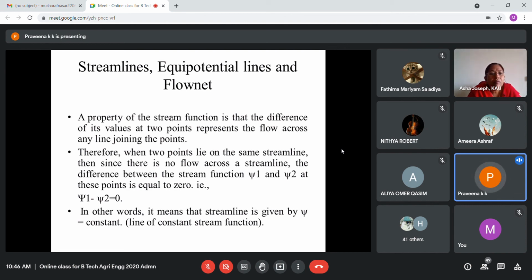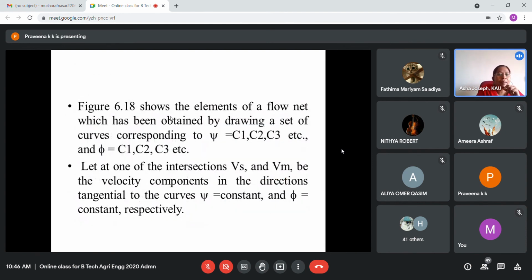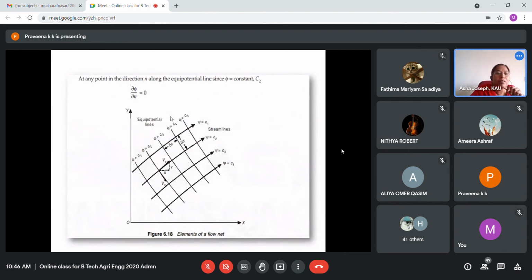Miss, can you explain that? A property of stream function is that the difference of its value at any two points represents a flow across any line joining the points. So, Pravina, in that flow net diagram, that orthogonality is coming, equipotential lines and streamlines. With that diagram I will explain.